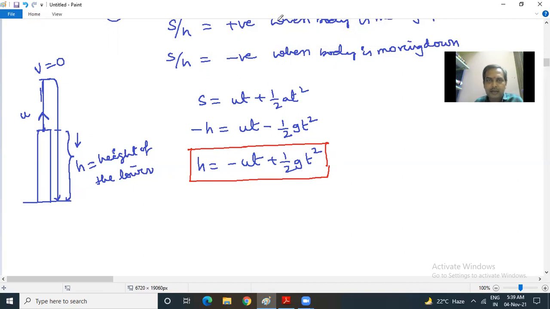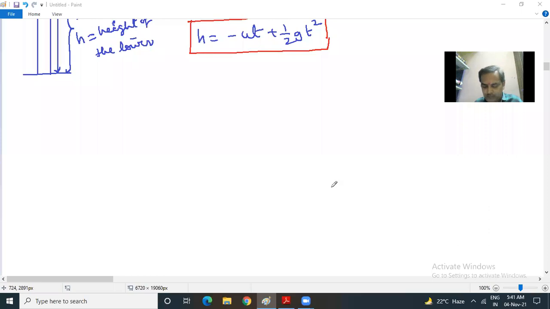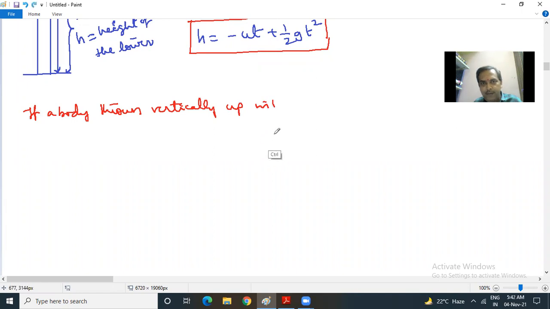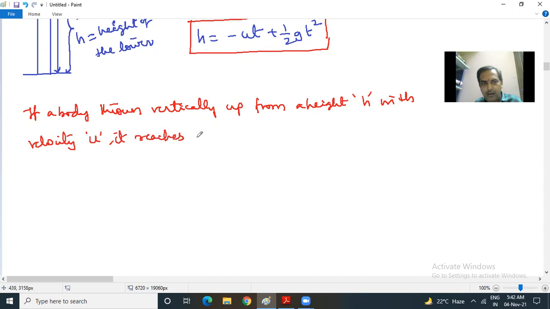In connection to this, there is another concept. The concept is, if a body is thrown vertically up from a height h with a velocity, you call it the initial velocity u, it reaches the ground in t1 seconds.